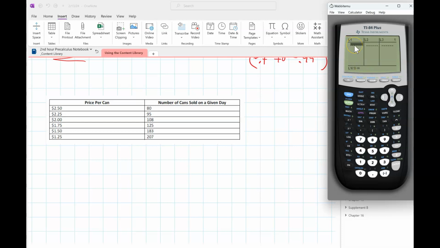See where my cursor is right now. I'm going to move my cursor so that it's on the title for that list. See how my cursor's on L1 now? I'm going to press the clear button, not delete, and then press the down arrow, and that'll wipe everything in that list.